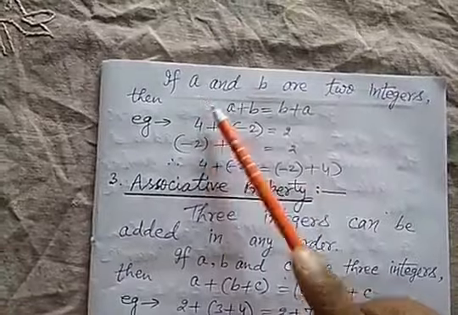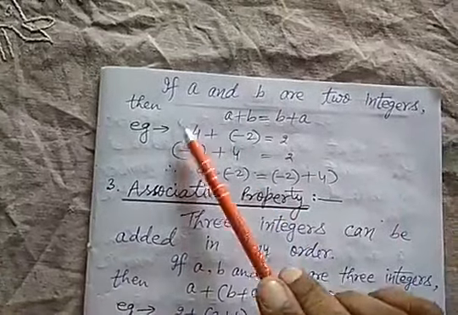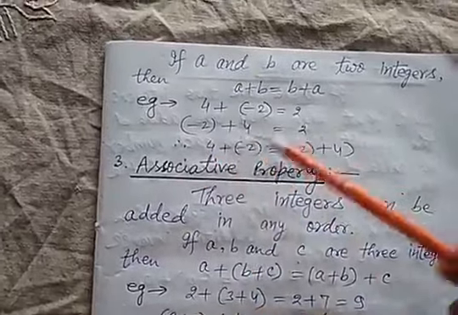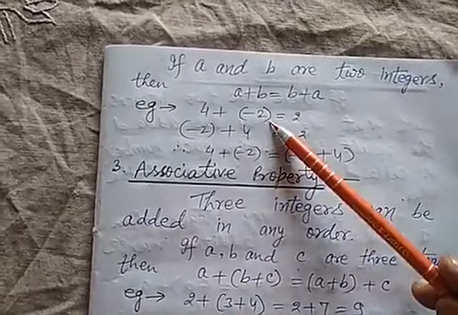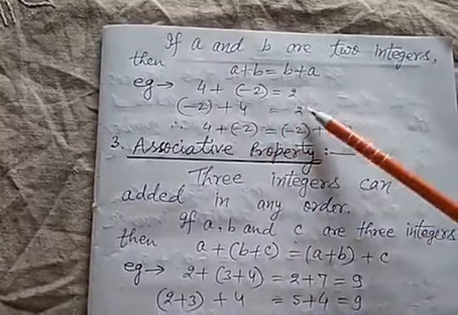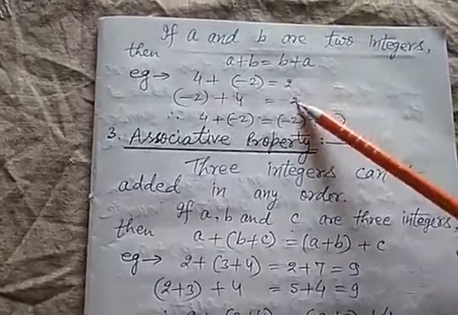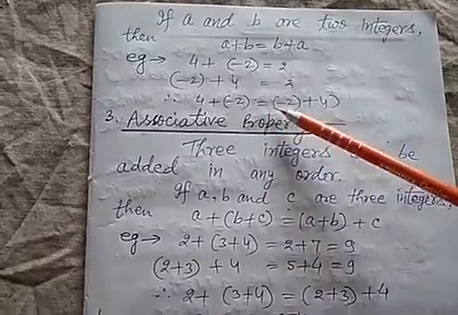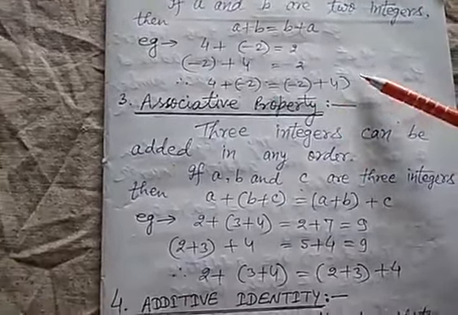If a and b are two integers, then a plus b is equal to b plus a. For example, 4 plus -2 is equal to 2 and -2 plus 4 is equal to 2. Here the results are the same. Therefore, 4 plus -2 is equal to -2 plus 4.